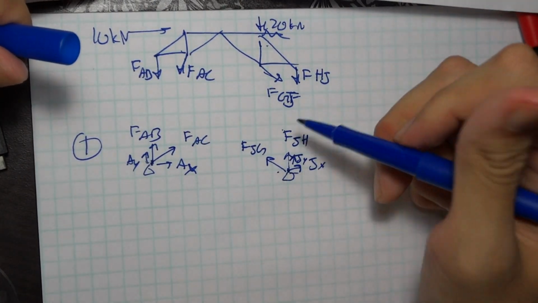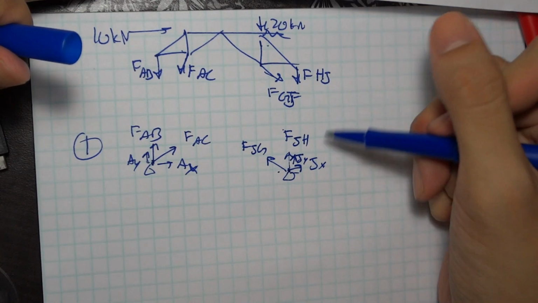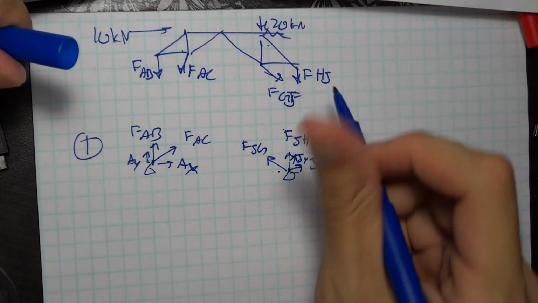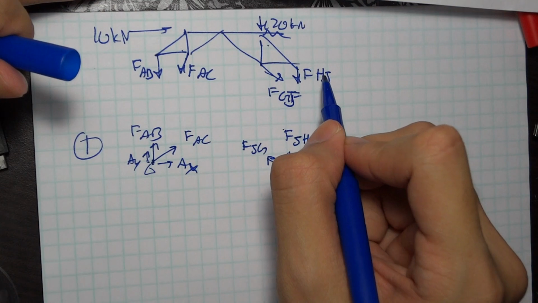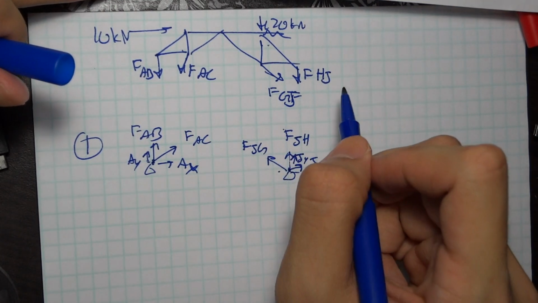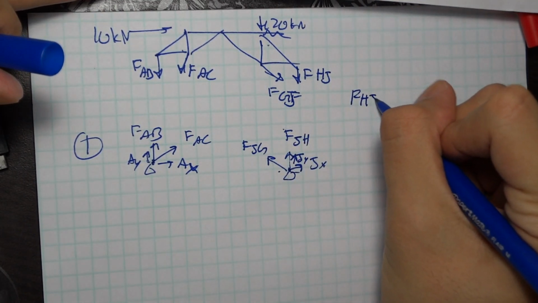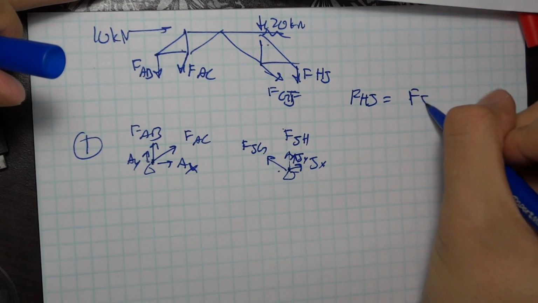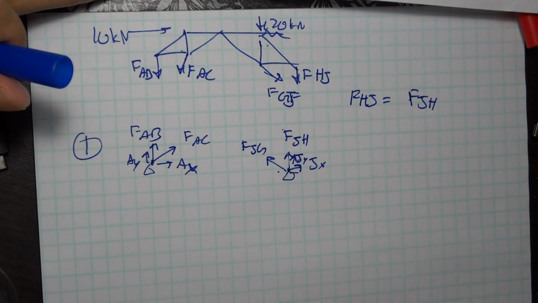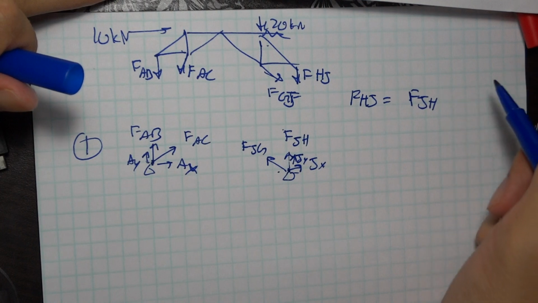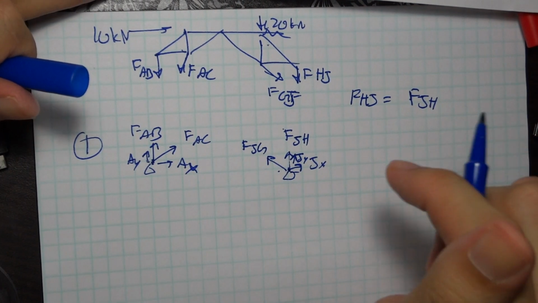So notice that I reversed the notation. My first letter always represents the point that I'm coming from, and the second letter is the point that I'm heading towards. So FHJ equals FJH. They're equal. It's not negative, it's not inverse, it's not anything else. They're equal to each other.